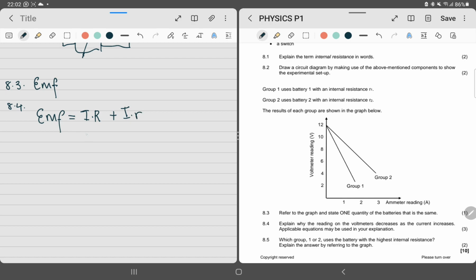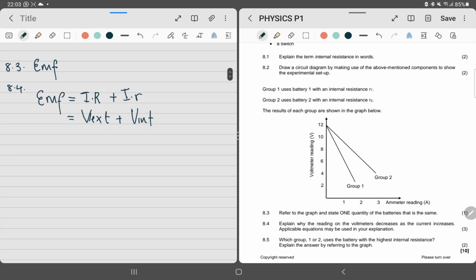So this IR signifies the external voltage, and then this signifies the V lost, or the internal voltage. So they say that we should explain why the reading on the voltmeters decreases as the current increases.